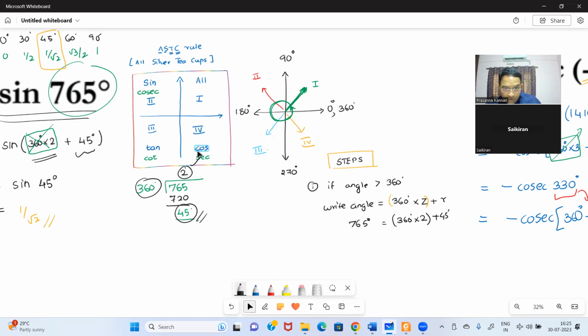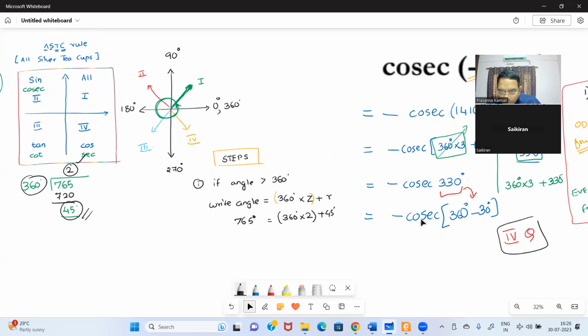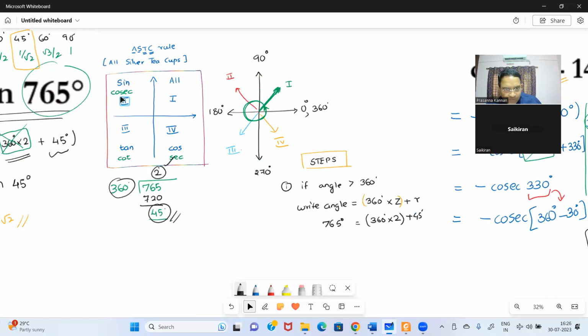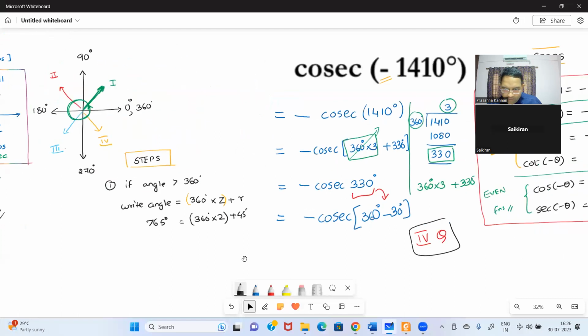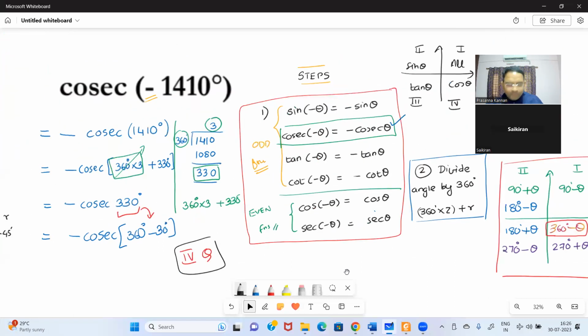Cos. But we are dealing with cosecant, correct? Our question is what? Cosecant. Cosecant will be positive only in the second quadrant or first quadrant, correct? In the fourth quadrant, cosecant will be what? Negative. Very good. Are you clear now?